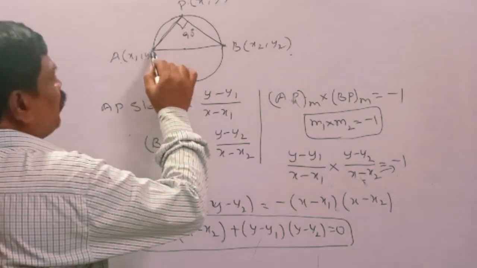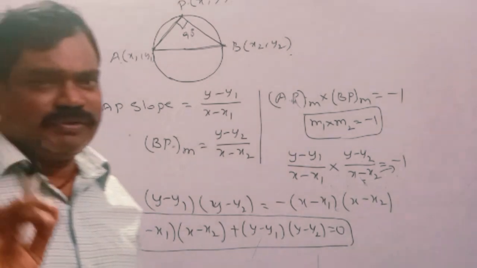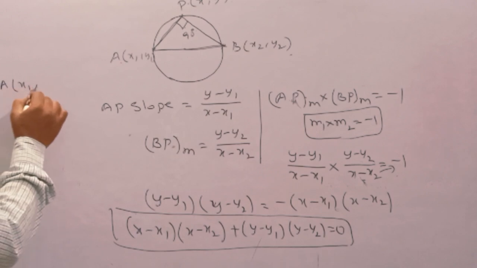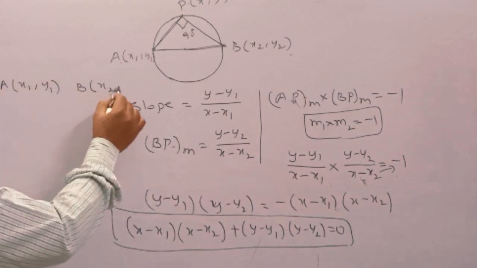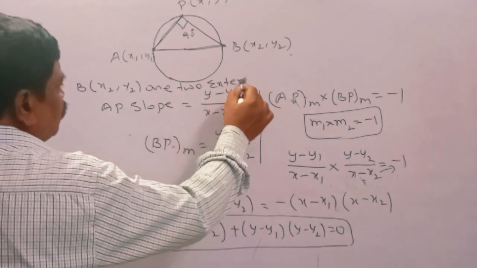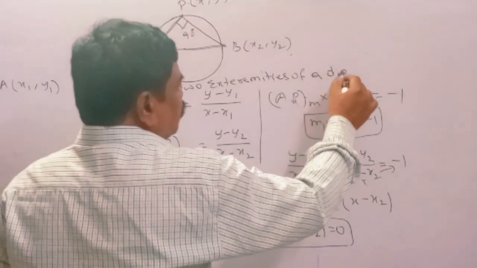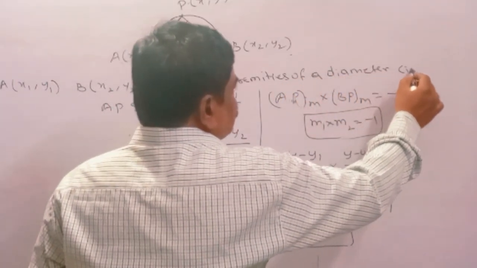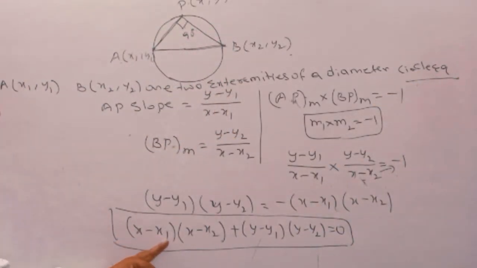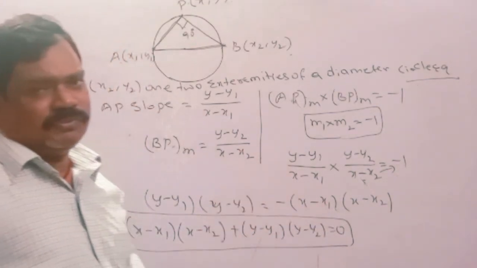When two extremities of a diameter are A (x1, y1) and B (x2, y2), the circle equation is x minus x1 into x minus x2 plus y minus y1 into y minus y2 equal to 0.